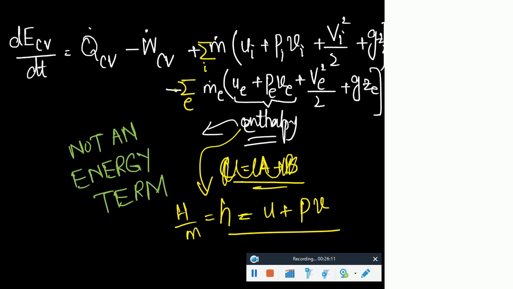That's it. And for example, if we are talking about steady state processes, which term is going to be 0? This term would be going to 0, whenever you talk about a steady state process. I hope you understand that. Any questions? Now, gentlemen, let's talk about the integral form.